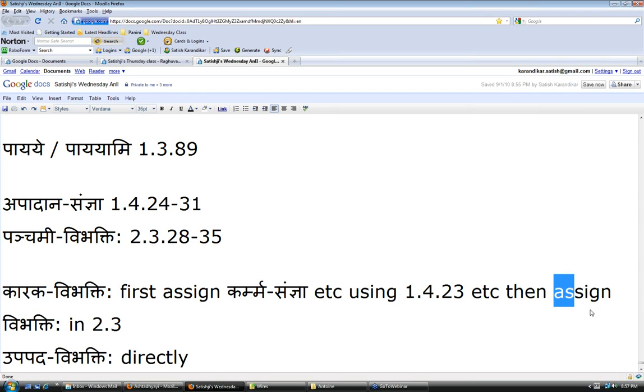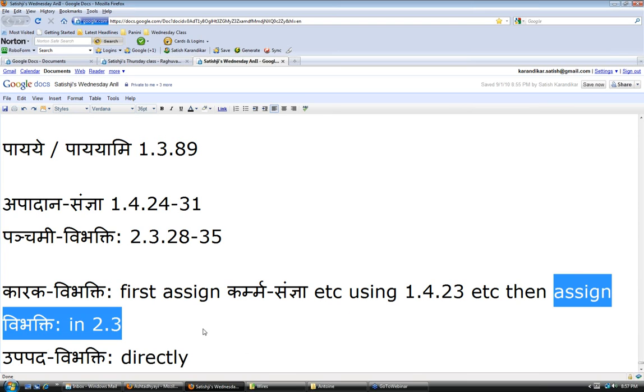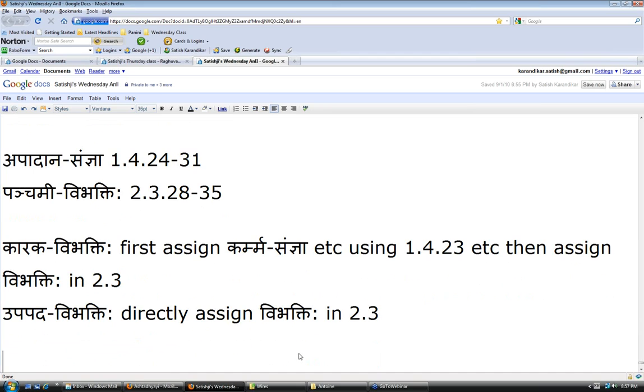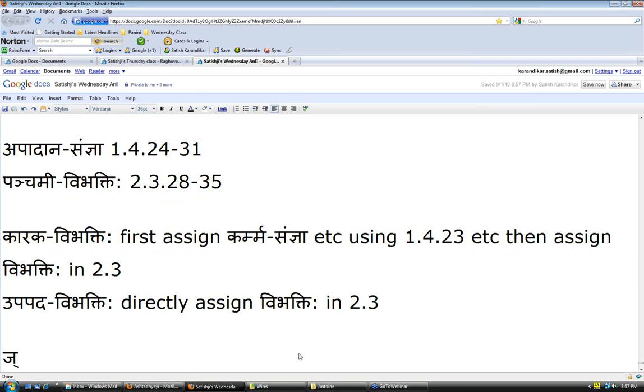And when there is a clash, the Karaka Vibhakti will be baliyasi.